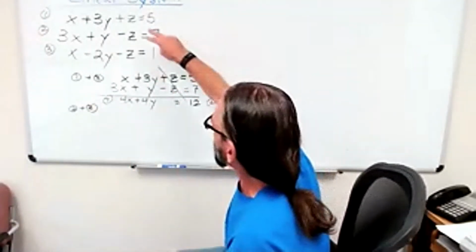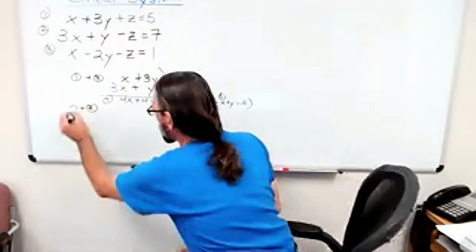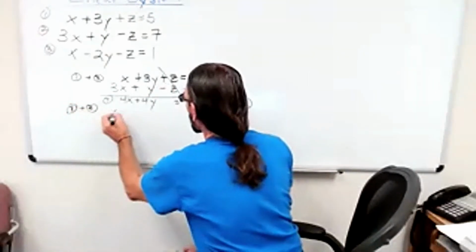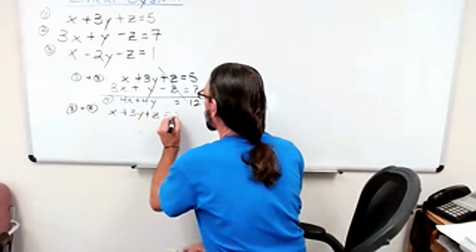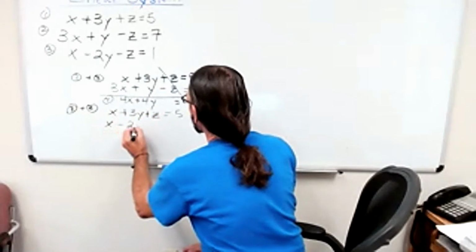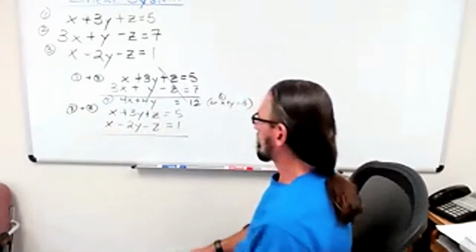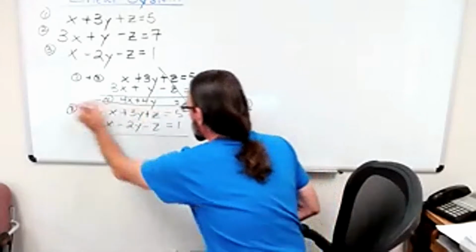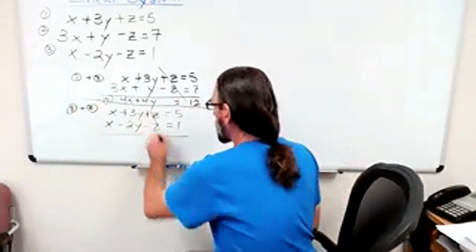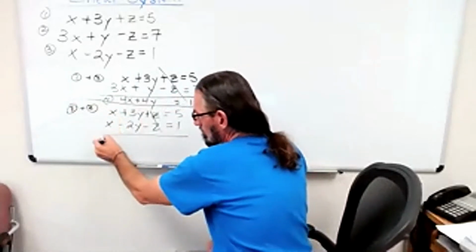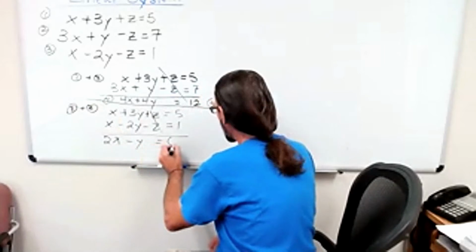Okay, so now add 1 and 3. Again, no multiplication of either equation needed to get these z's to cancel. Now we have 2x minus y equals 6.